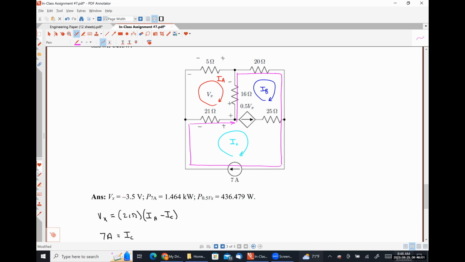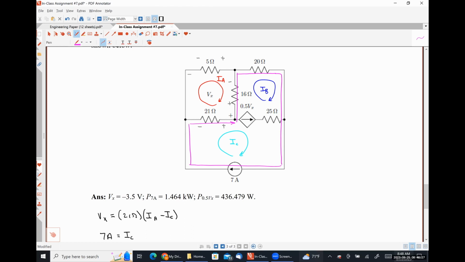Why can't we write a KVL equation around this path? Because this path contains a current source, right? And we can't write a KVL equation for a path that contains a current source. So in this case, our supermesh contains a perimeter current source, so we can't write a KVL equation.